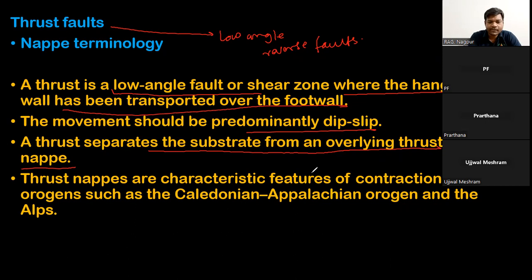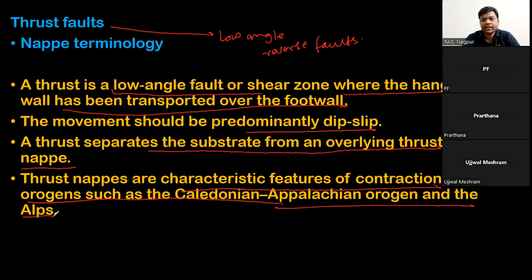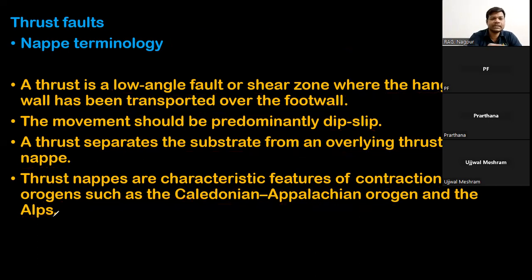Thrust nappes are a characteristic feature of contractional orogens such as the Caledonian, Appalachian orogens, and the Alps. In this kind of mountains you will find many of these nappes, or thrust nappes. Even in the Himalayas, you will find numerous nappes.